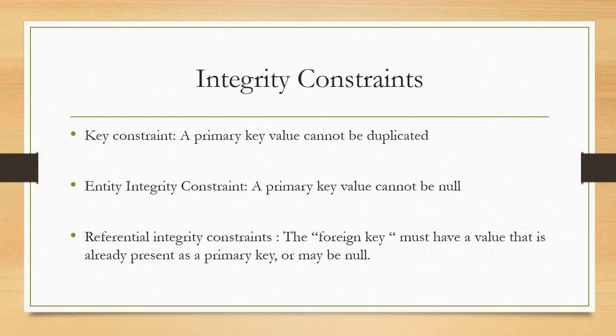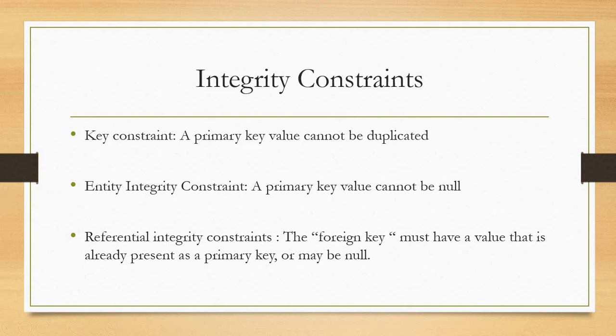So if you have a primary key, for example, of a student ID, there can't be two student IDs for one student. That's our key constraint. And the student ID can't be empty. That's our entity integrity constraint.